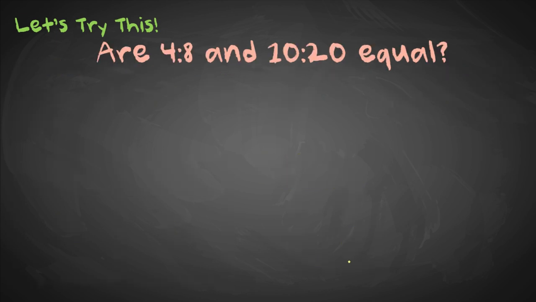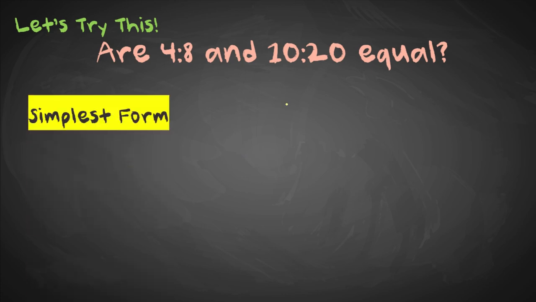So let's continue. Let's have this one. Are 4 is to 8 and 10 is to 20 equal? So again, as I mentioned earlier, there are 3 ways. So unahin natin yung pagkuha ng simplest form ng parehong ratio. So we have 4 is to 8. Divide natin sa GCF, which is 4. 4 divided by 4 is 1. 8 divided by 4 is 2.